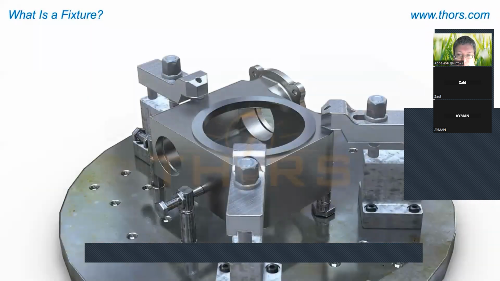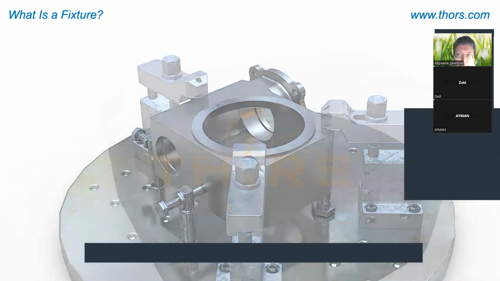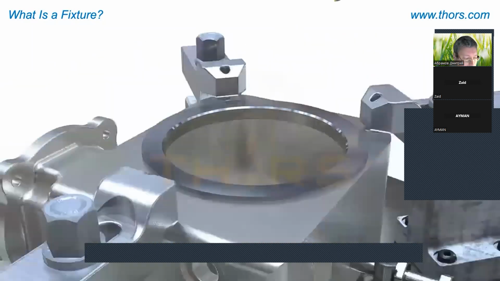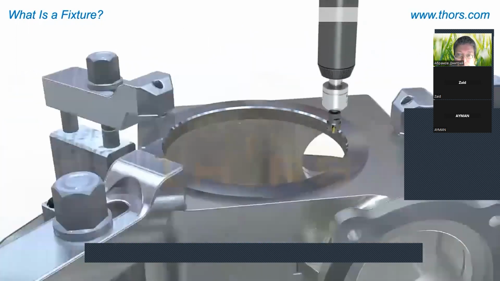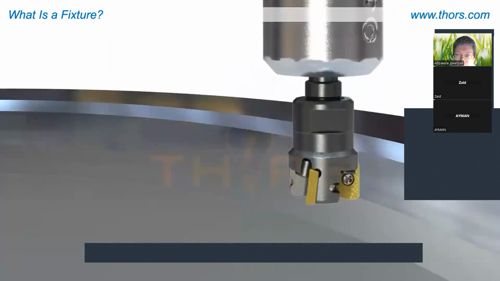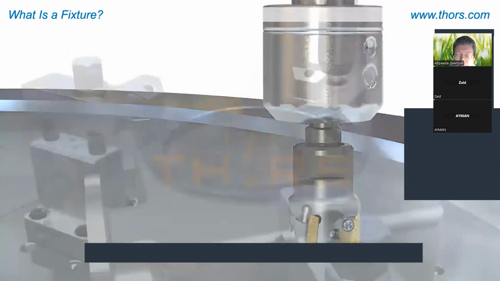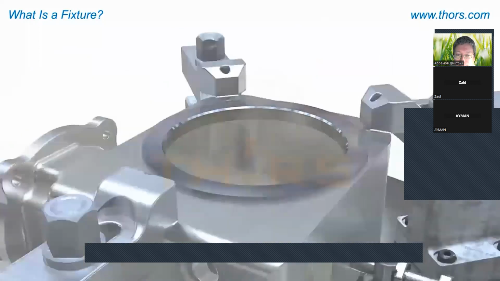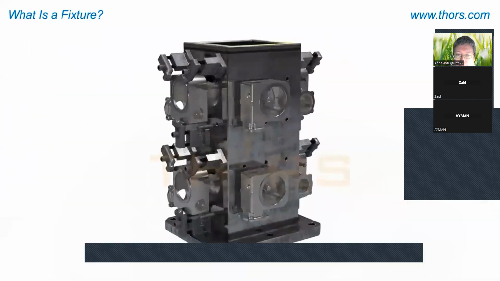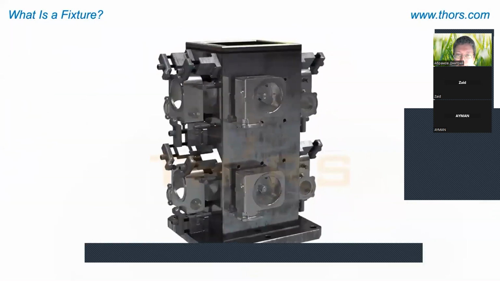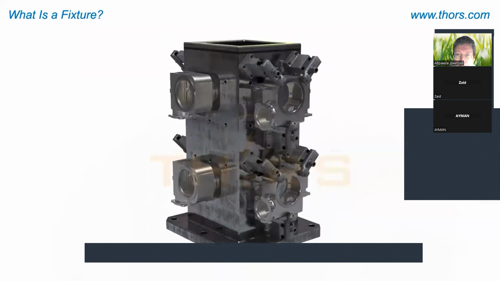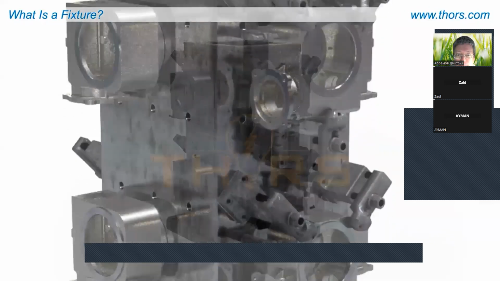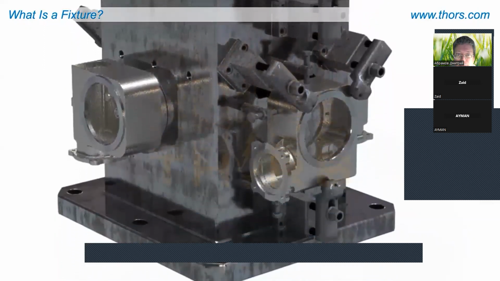Clamps, supports, and other components are used to create the overall fixture. This example shows a single housing part on a single fixture. Once fixtured, the boring operation can be completed. Larger setups, such as this square pedestal fixture, are capable of holding multiple parts at the same time and rotating as needed.